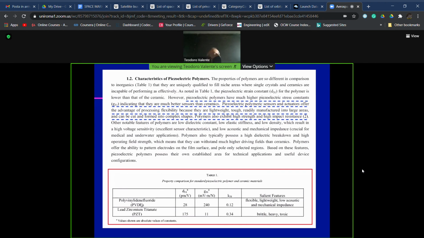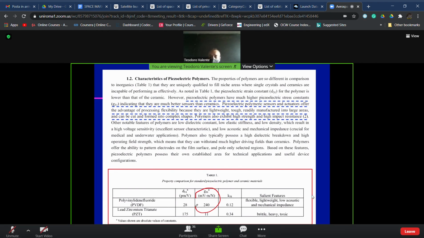PVDF, it's a quite complicated name. PVDF is the real up-to-date polymer material which is able to show a significant piezo effect. Here you have the constants of PVDF, so we have the possibility to rely on this behavior also with polymeric base materials.